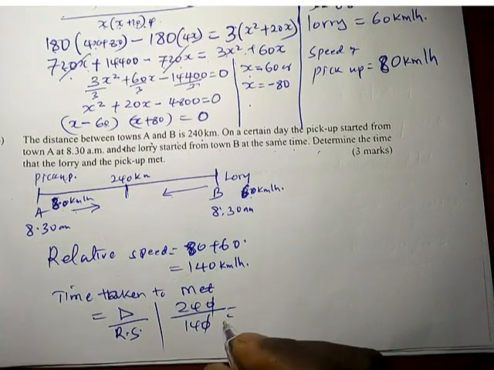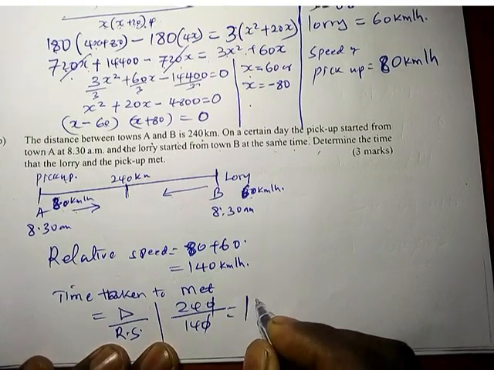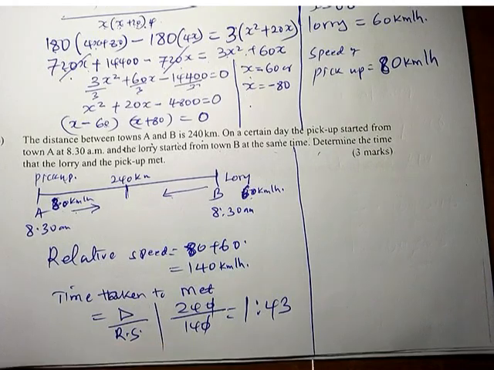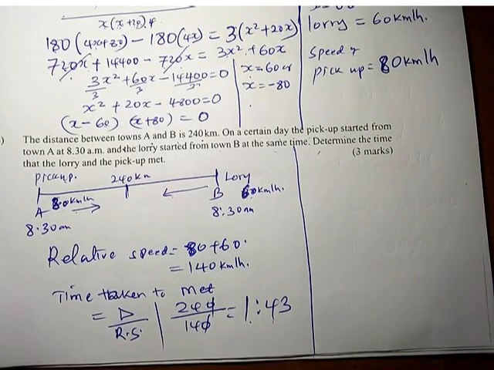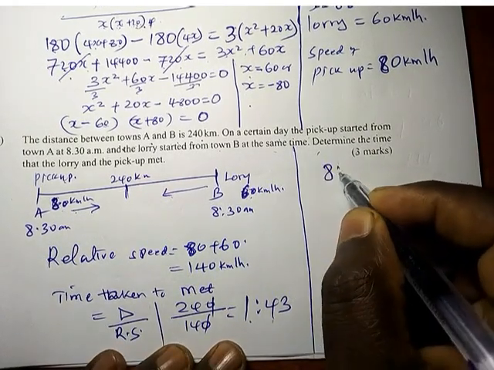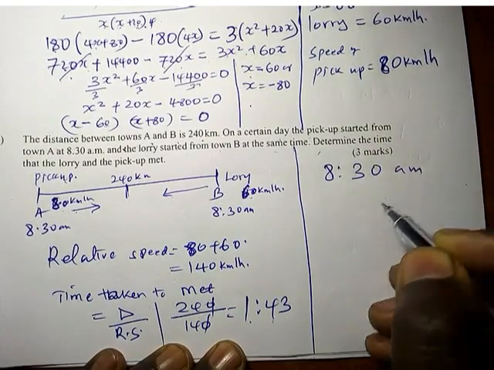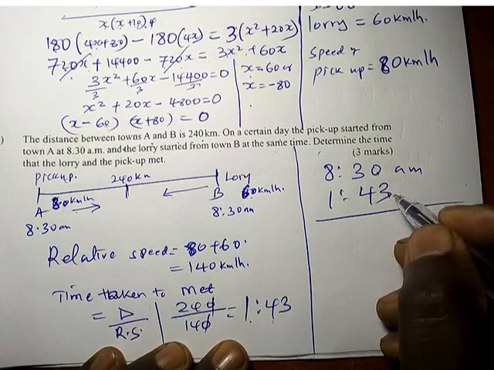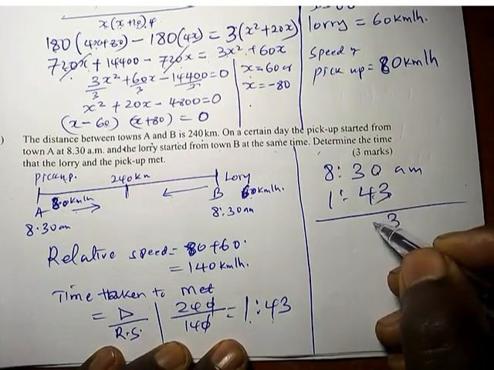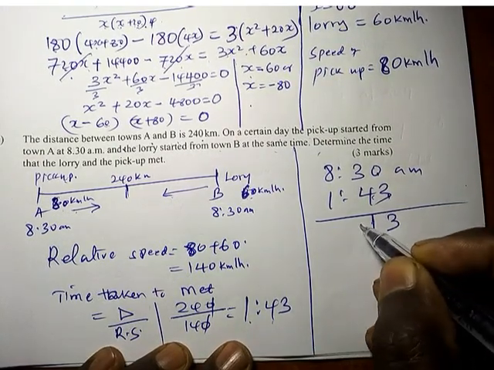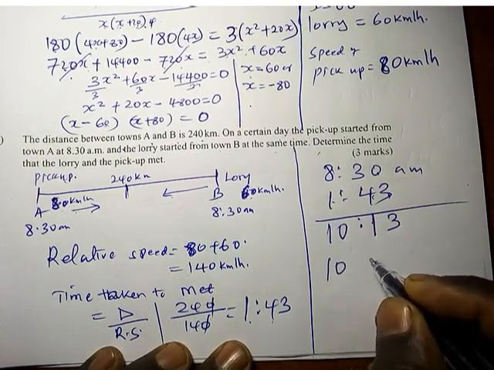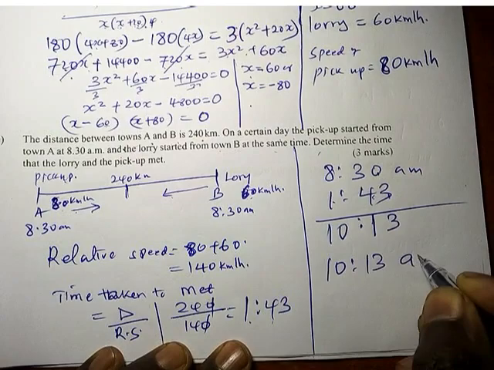And this one gives us 1 hour 43 minutes. So they started 8:30 a.m. So you add 1 hour 43 minutes. 0 plus this is 3. This is 7, so that's 1. This is 9, 10. So they met 10:13 a.m.